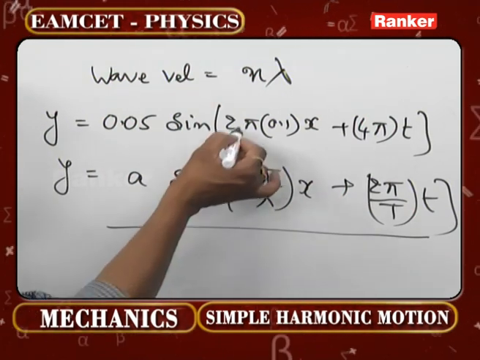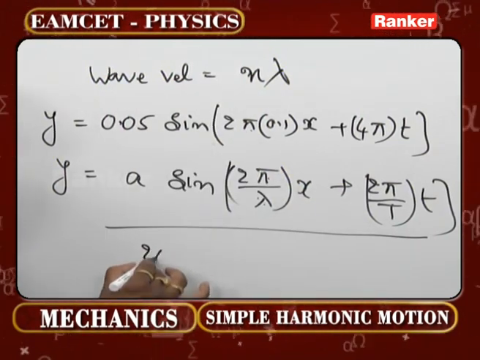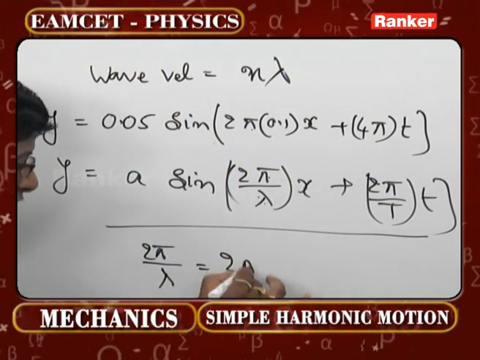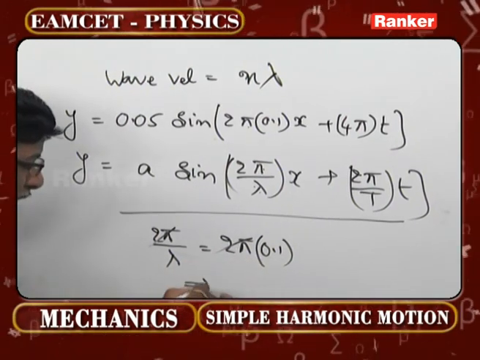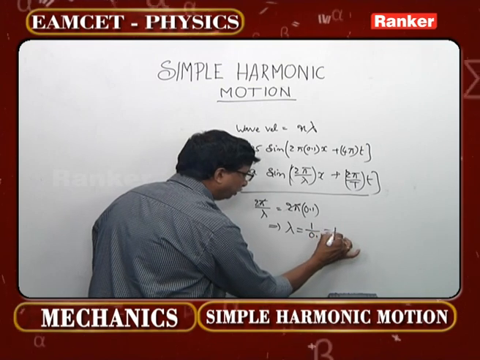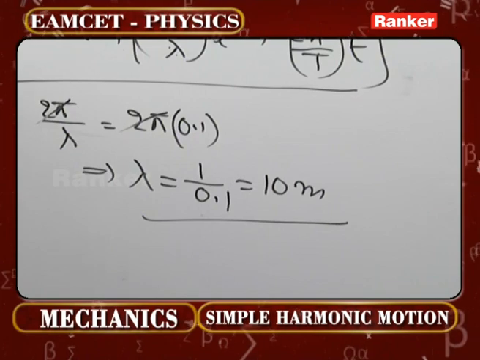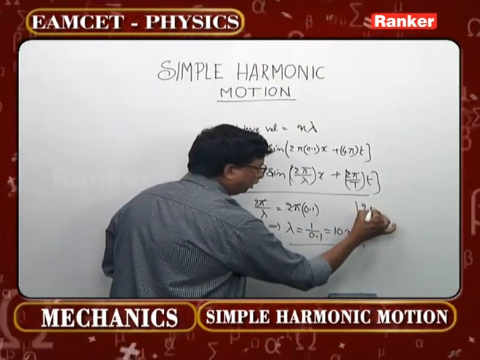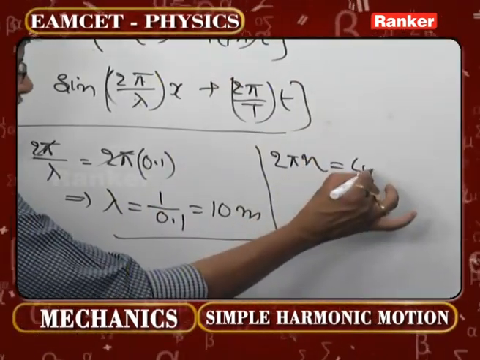Now simply compare them. In place of 2 pi by lambda, what do you have here? 2 pi by lambda in the original equation is equal to 2 pi into 0.1. Now 2 pi gets cancelled. Lambda is equal to 1 by 0.1, that is 10 meter. That is the value of lambda. Now the next one, 2 pi by T can also be written as 2 pi n. 2 pi n is equal to 4 pi given.